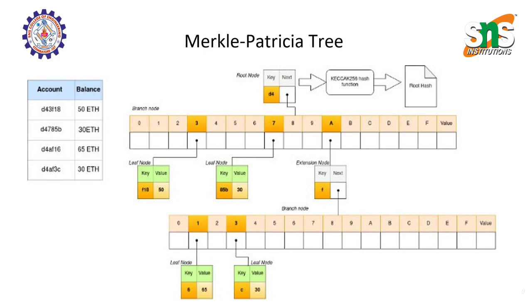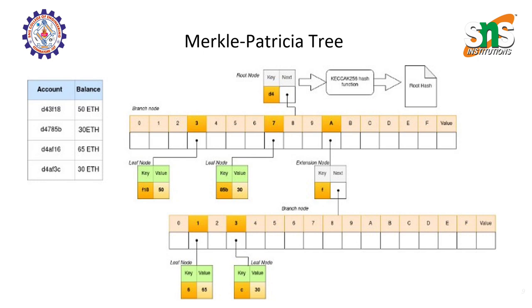So this is the table which represents the transaction details in the particular account. So we are going to represent these details in the form of Merkle-Patricia tree. So let us start from root node. Root node, and next is branch node, leaf node, and extension node.